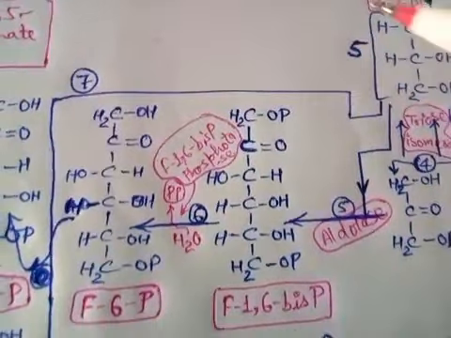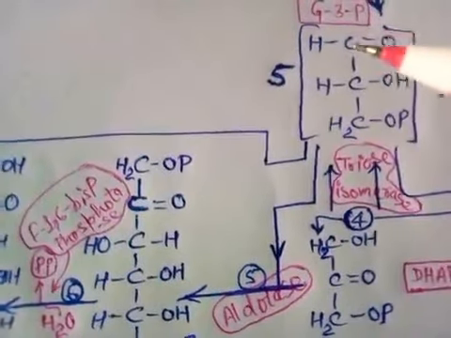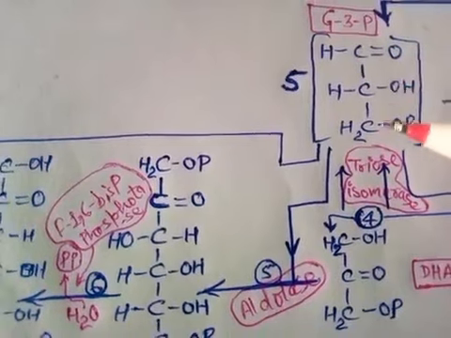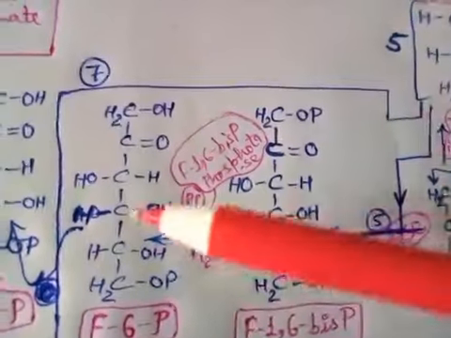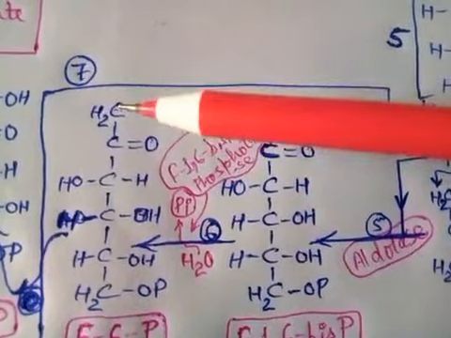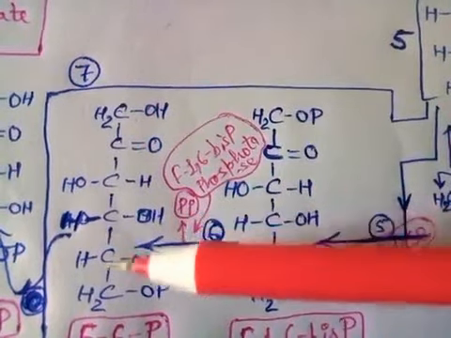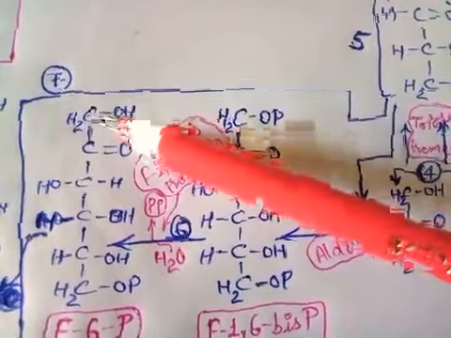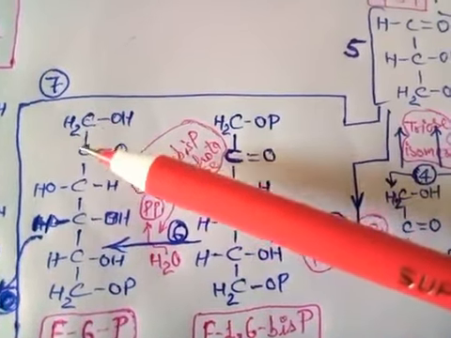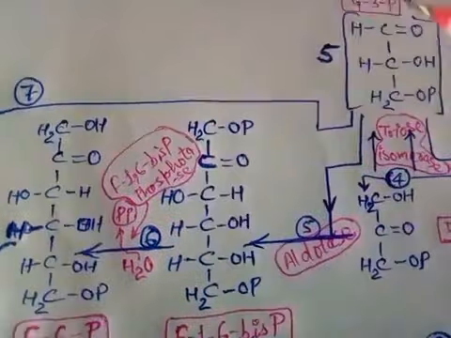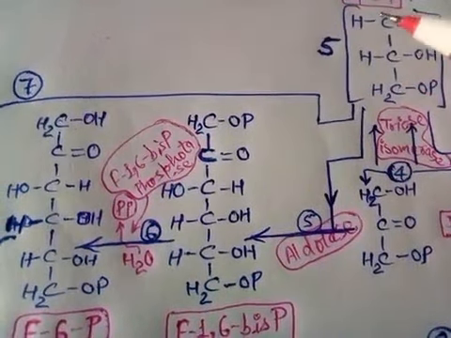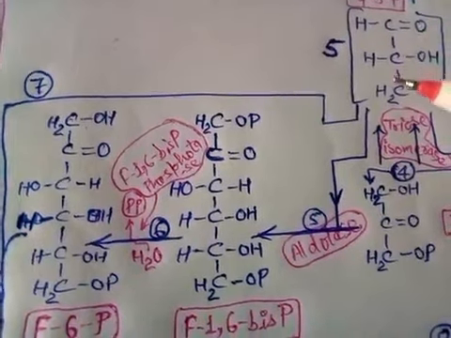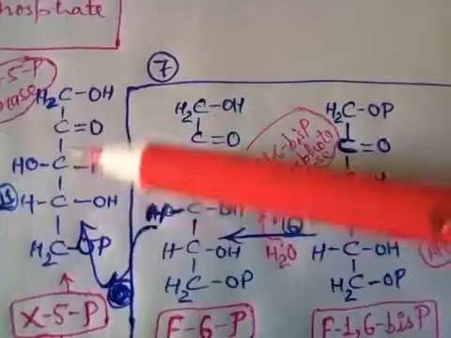How is it converted? Let's see. These are the molecules of glyceraldehyde 3-phosphate, 1, 2 and 3, with 3 carbons, whereas this is fructose 6-phosphate with 6 carbons, 1, 2, 3, 4, 5, 6. The first two carbons attach with the 3 carbons and become a 5-carbon molecule, that is xylulose 5-phosphate.